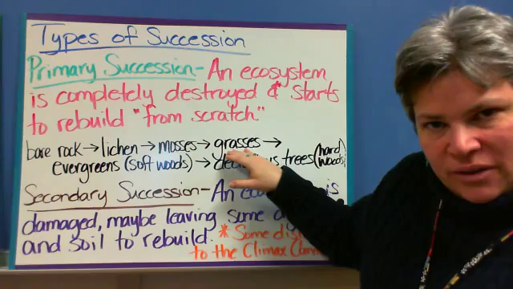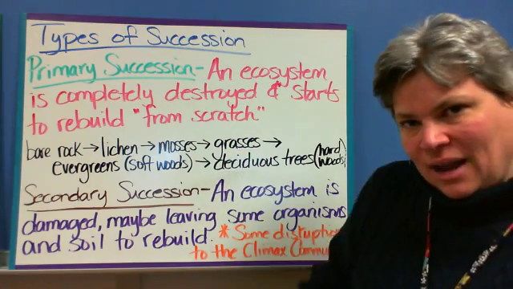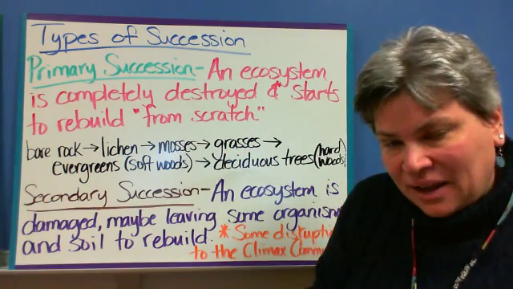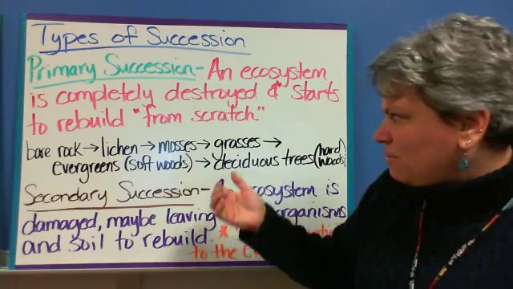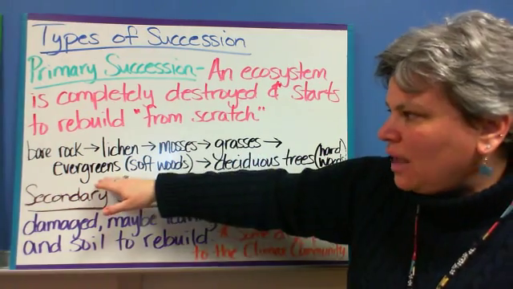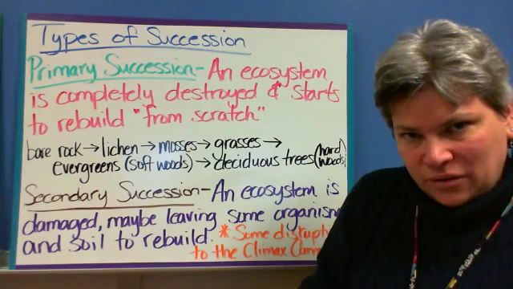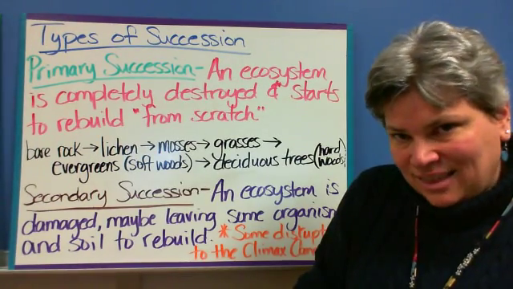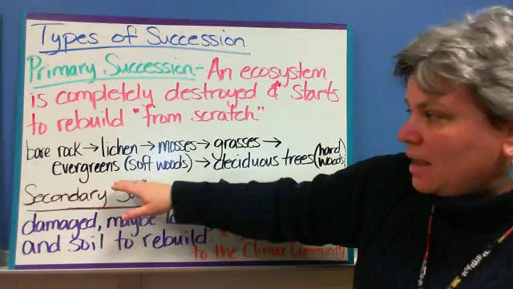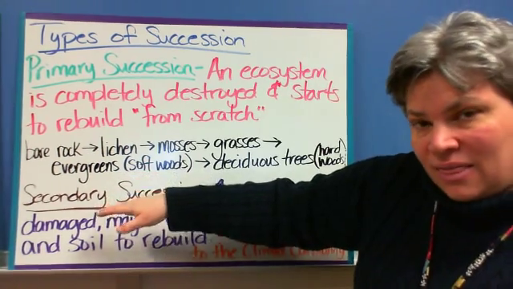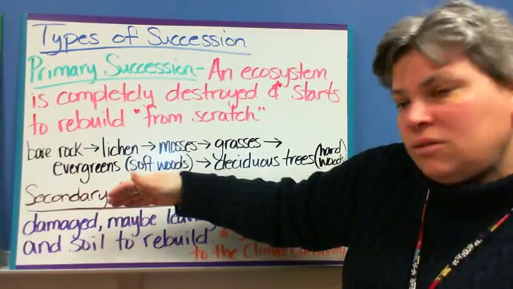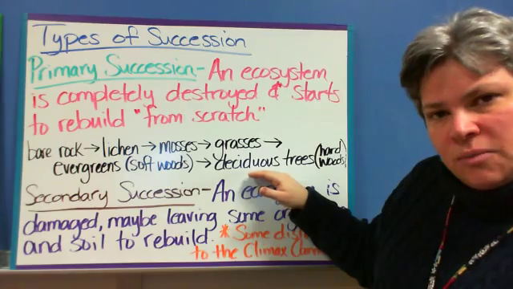So then the grasses move in. And the grasses hang out in the environment, and they modify the environment. And they make it so they can't live there anymore, so the evergreens or softwoods move in. And I think you're starting to see the pattern here. They modify the environment enough so they can't live there anymore, but they make it so the environment is where the deciduous trees can move in.